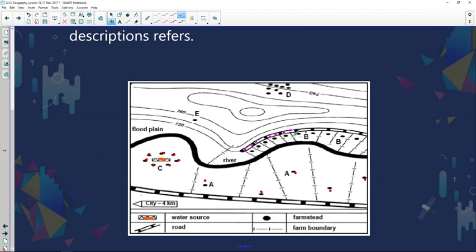Now keep in mind, transport routes are quite important for farmers because they need to send their products out. It might be perishable. They need to be close to transport routes so they can go and sell their product on the market or to the consumers. At D, there's another farmstead clustered together, and that's another clue, definitely nucleated.